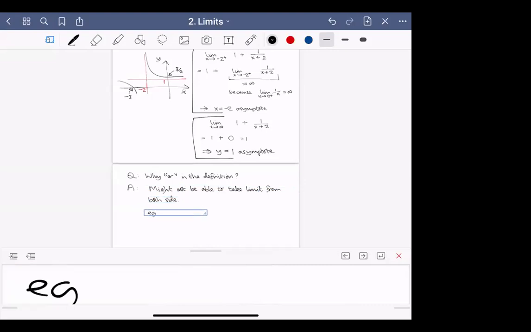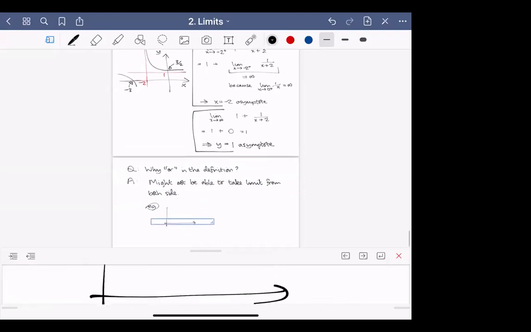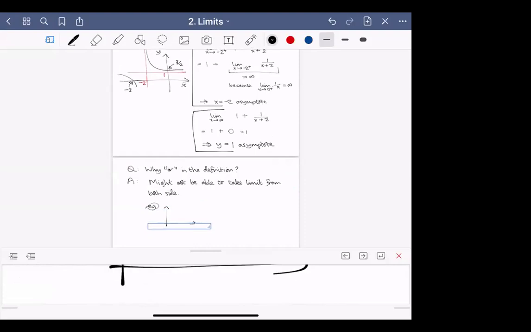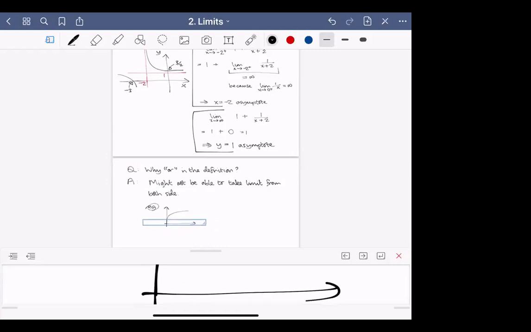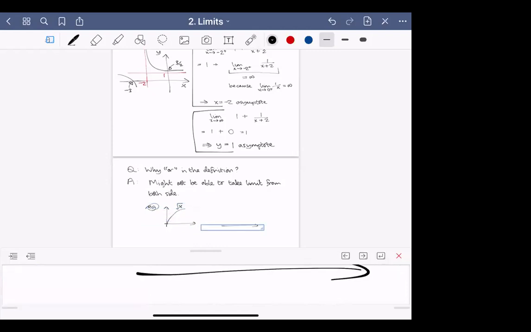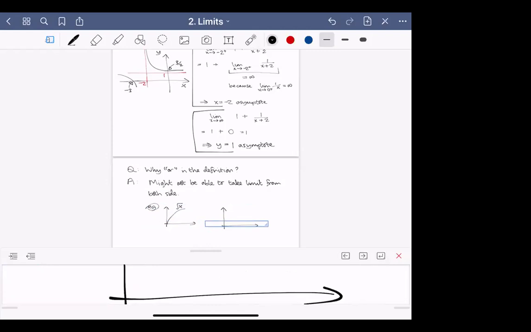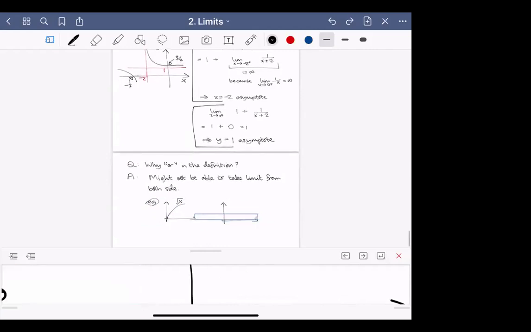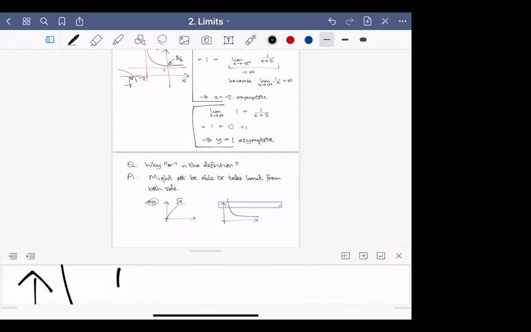So for example, if I take the function square root of x, then I could look at the function 1 over square root of x.